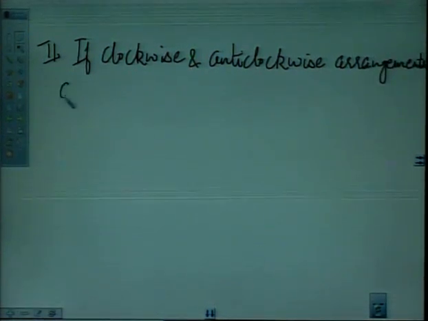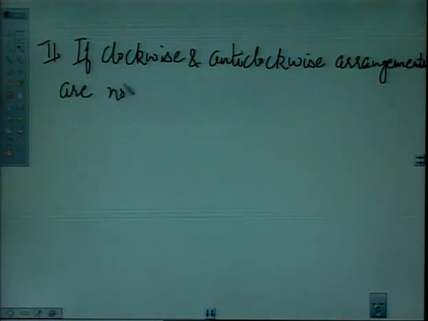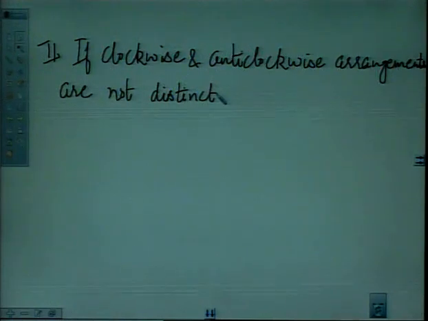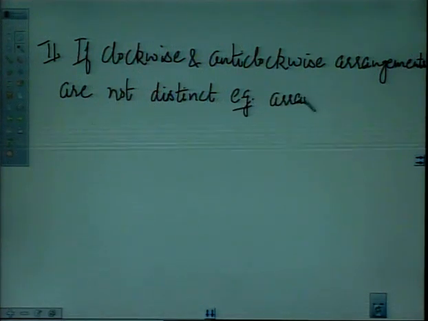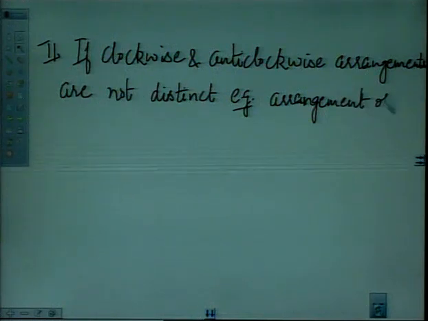Arrangements are not distinct. It means we cannot distinguish whether we are arranging the things in clockwise direction or in anti-clockwise direction. The example for this is arrangement of beads in a necklace. This is very important.